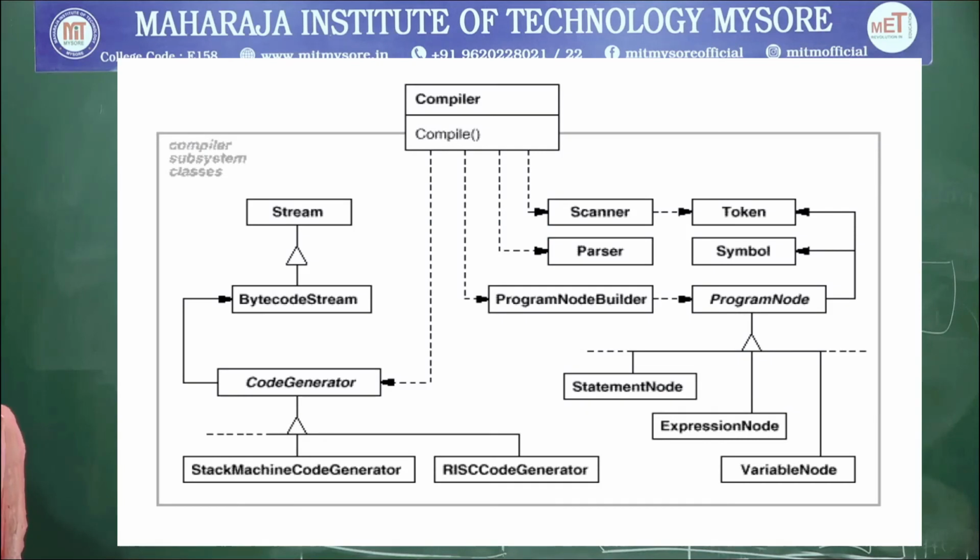Consider this example. That is a programming environment. Okay. That gives the application access to its compiler subsystem. The subsystem contains a scanner, parser, program node, bytecode stream, program node builder. Okay. Those implement the compiler.